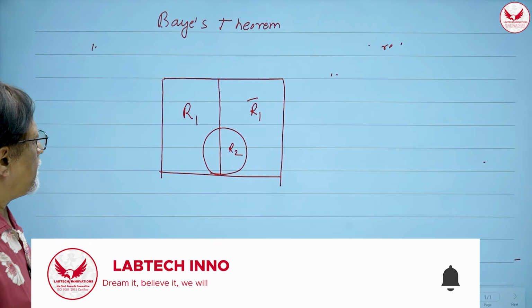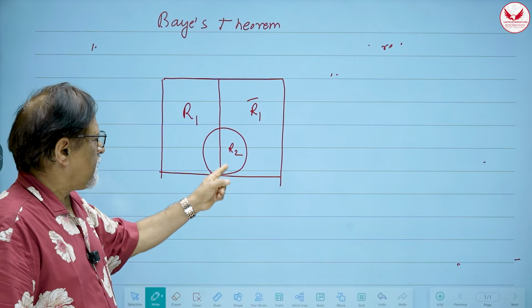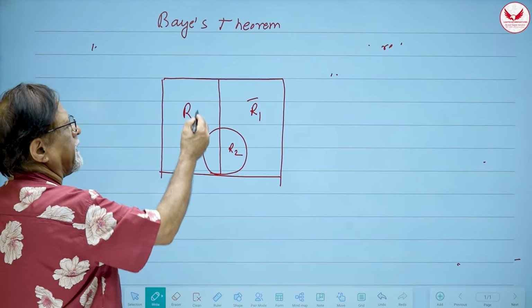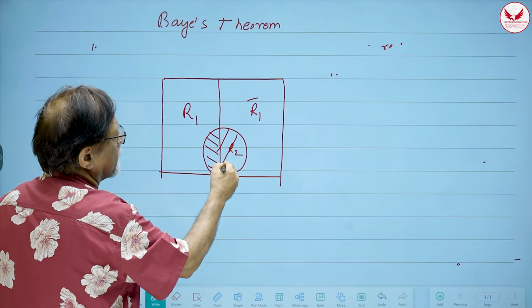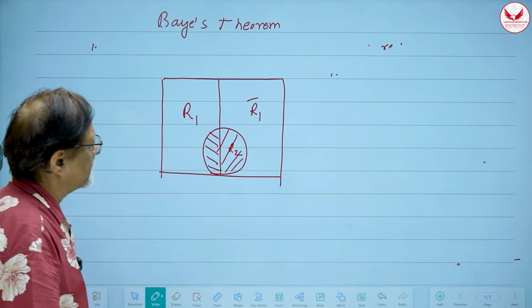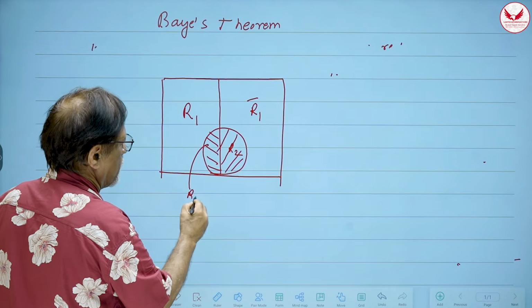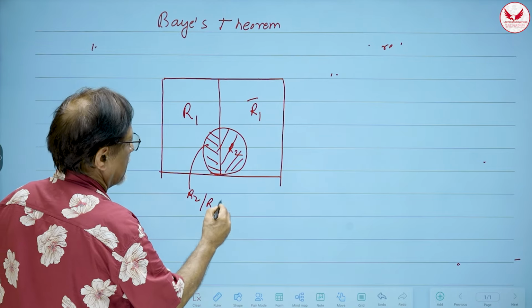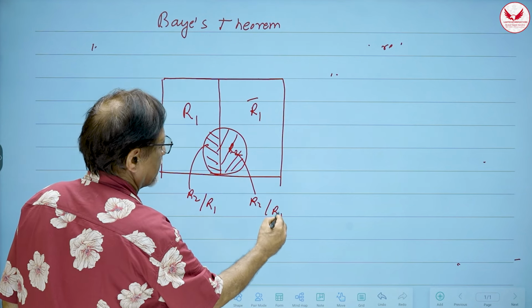You can clearly see that this event is divided into two parts. This is also a partition of R2. So this part will be called R2 by R1 and this part will be called R2 by R1 bar.